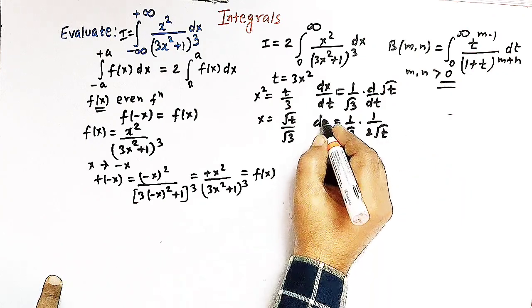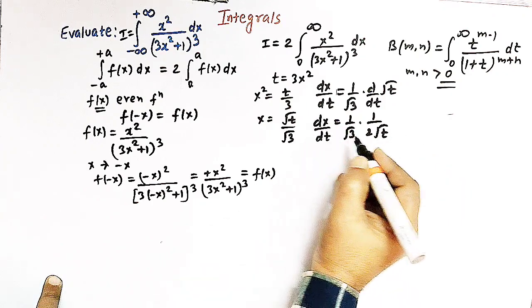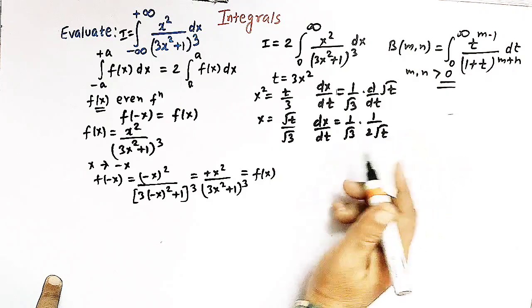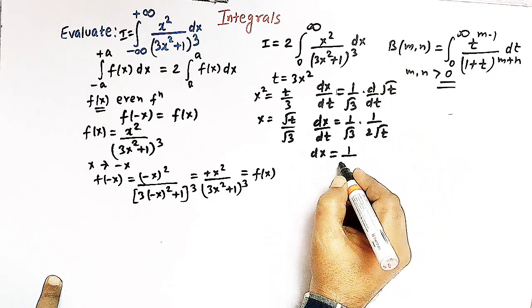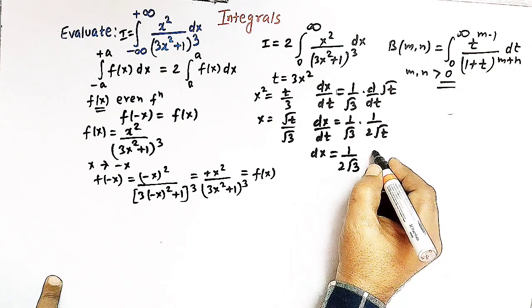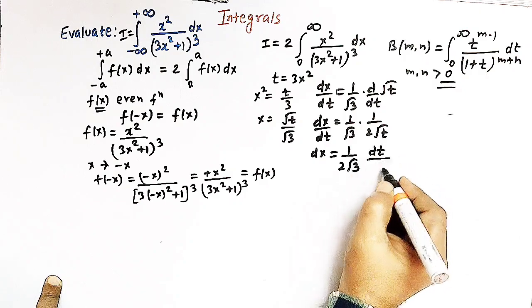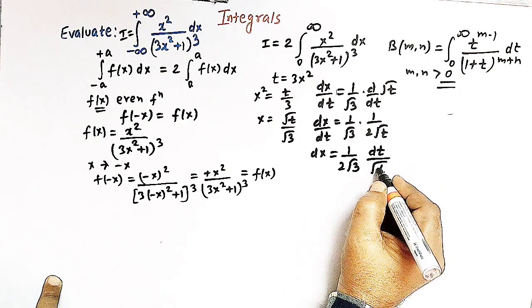So now we have dx over dt is equal to this expression. So now dx can be written as 1 over 2 root 3, and we have dt over square root of t.